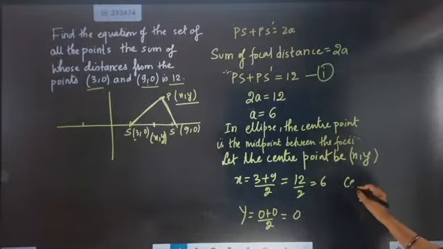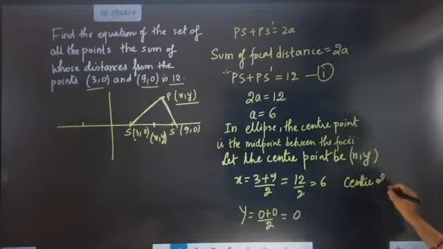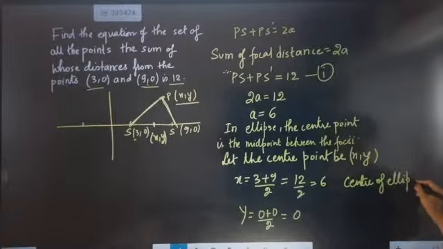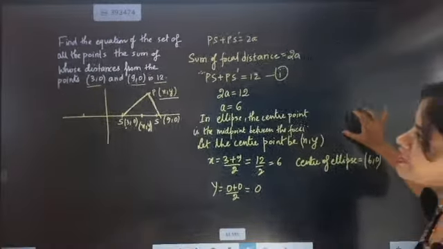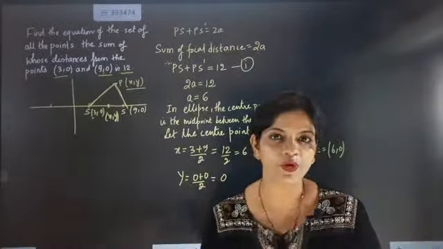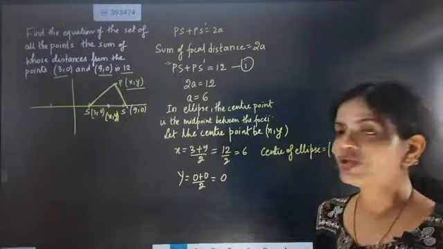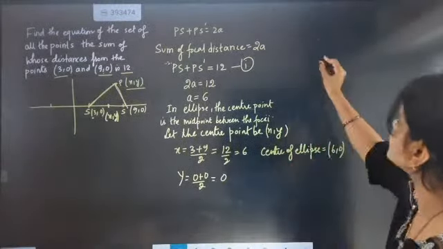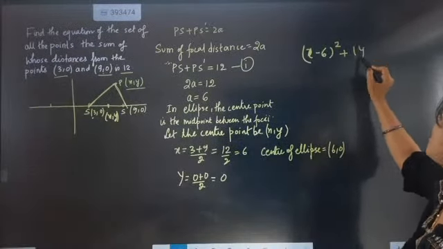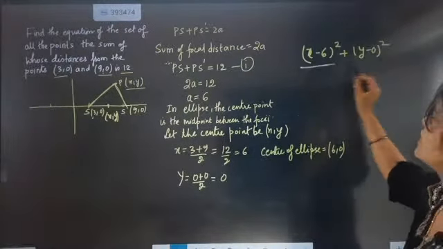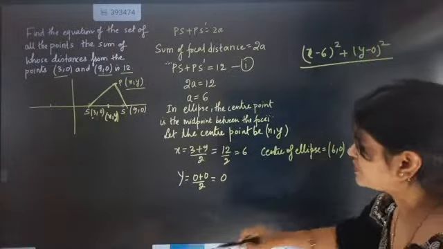So the center of the ellipse is 6 comma 0. Now we know the ellipse equation will become x minus 6 whole square plus y minus 0 whole square by a square plus b square.